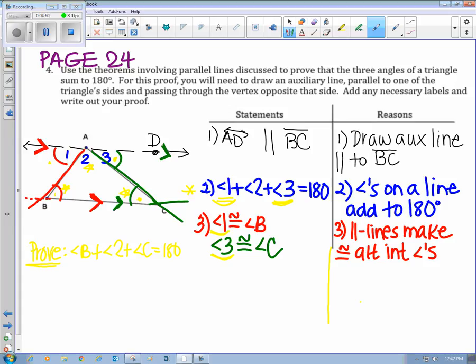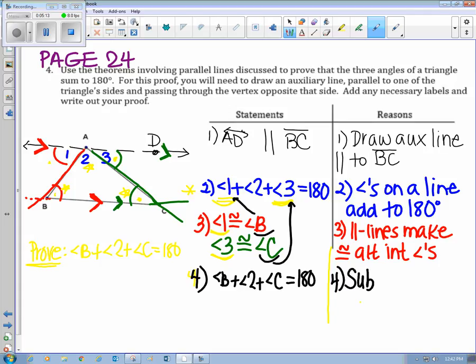So for number 4 here, line 4, I am going to put the same thing I have in line 2, but I'm going to put the substitution in. I'm going to put B in for angle 1, and I'm going to put C in for angle 3 in a substitution. So angle B plus angle 2 plus angle C equals 180. All I did in this step was substitution, but it has allowed me to show that really the three angles inside the triangle add to 180.